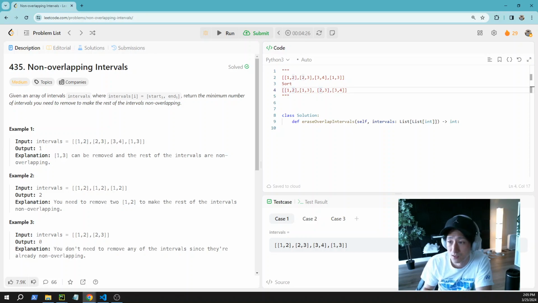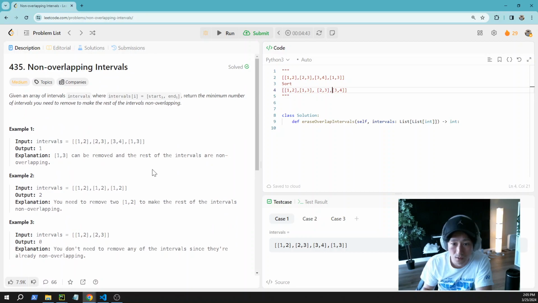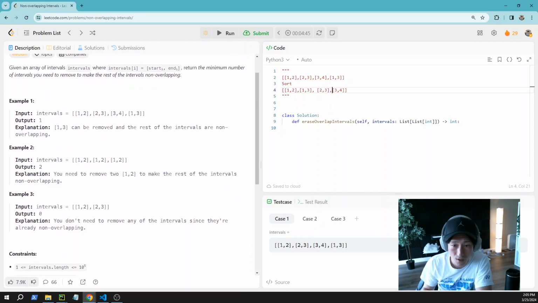So in this case, I'm gonna update the previous ending with 3 and then go to the next. And then I see the current start is not less than the previous ending, so I don't have to remove it again. So this example one is gonna work. And then the [1,2] case, so to increment, okay, it's working.